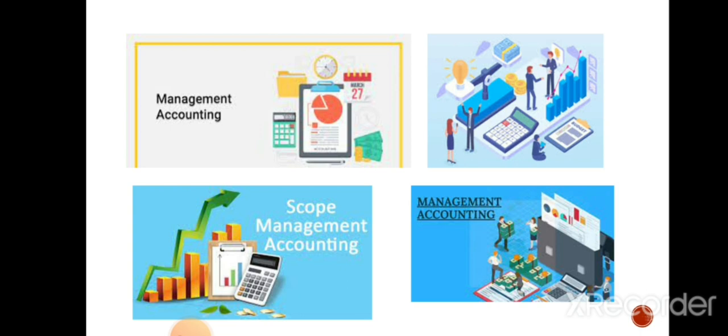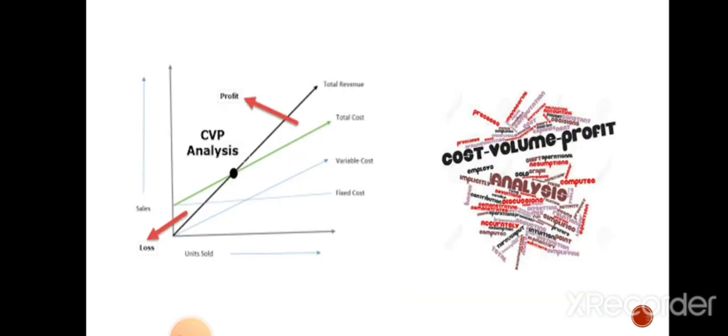So these are some of the scope and the relationship of management accounting with other disciplines, and I will be explaining about the cost volume profit analysis, where here we will be studying about the relationship between the cost, volume and profit, how the cost affects the profit and how the volume is going to affect the profit of an organization.